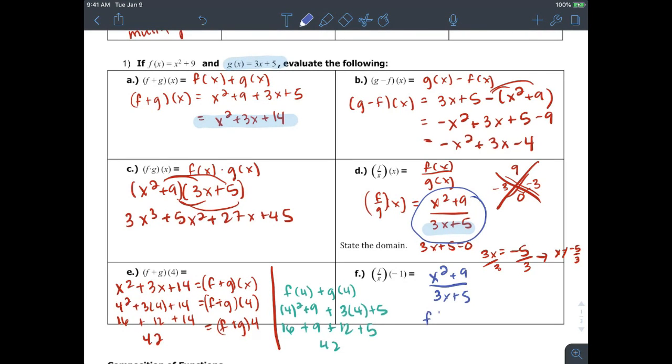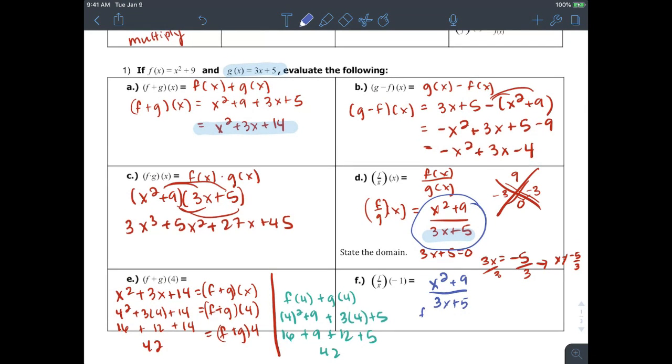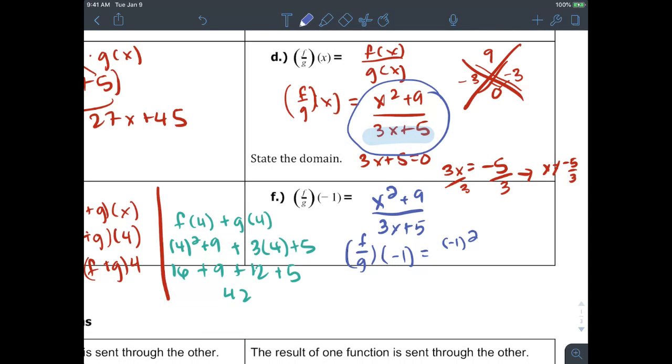So (f over g)(negative 1) would be negative 1 squared plus 9 over 3 times negative 1 plus 5, which gives me 1 plus 9, which is 10, and then negative 3 plus 5, which is 2, so this is equal to 5.